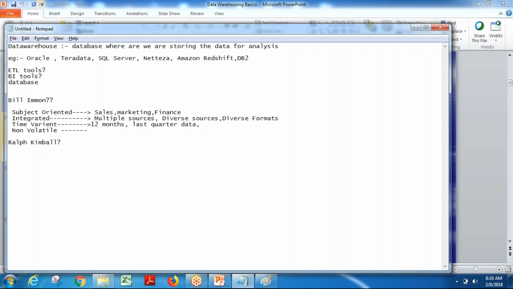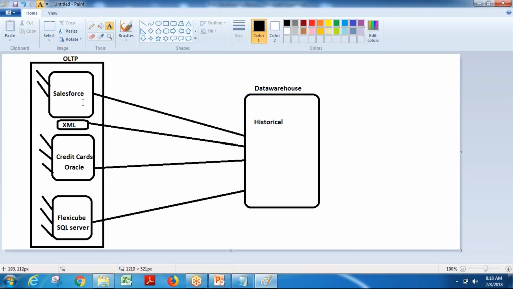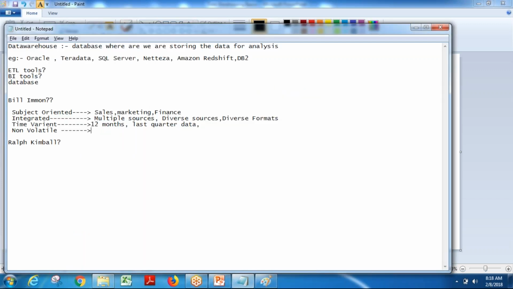And the other one is about non-volatile. Volatile means which changes very frequently. The data in the transactional system is volatile in nature, but the data in the data warehouse is non-volatile in nature. Once we load the data, we are not going to do frequent updates on the data warehouse.